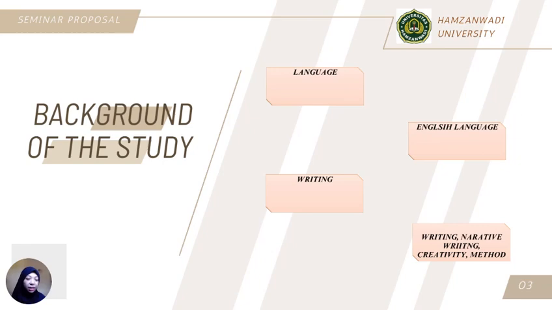Background of the study is language, English language, writing, and the next is writing, narrative writing, creativity, and the method.